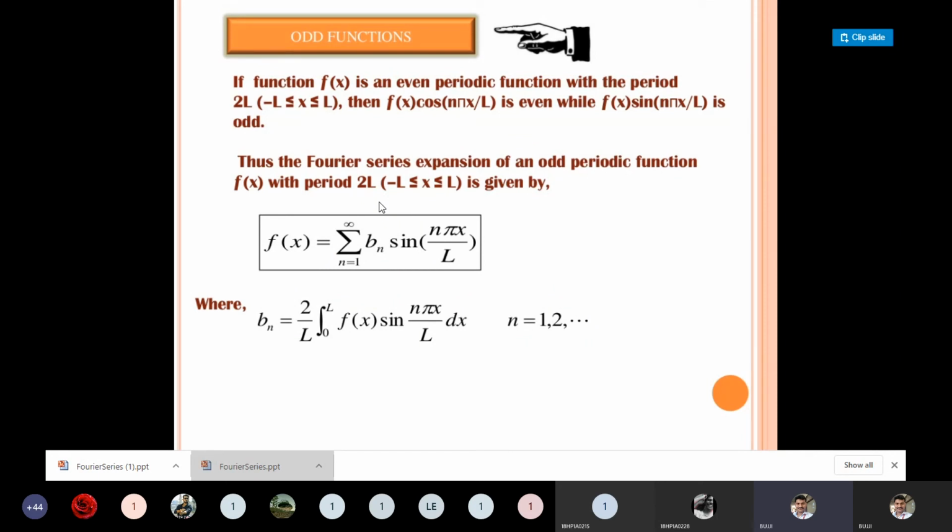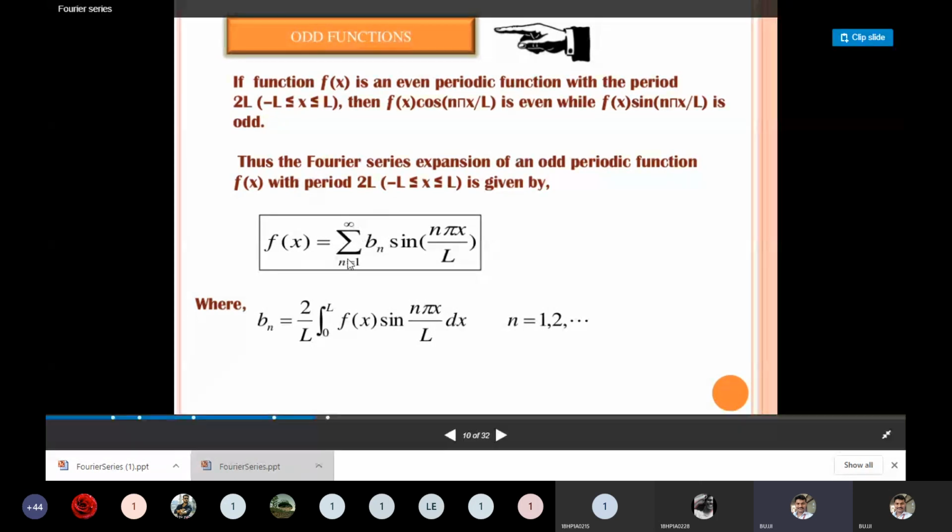Thus, the Fourier series expansion of an odd periodic function f of x with a period 2L, minus L to plus L, is given by f of x equal to sigma n equal to 1 to infinity bn sin of n pi x by L, where bn equal to 2 by L integral 0 to L f of x into sin n pi x by L into dx. Sir, won't there be a naught? There is no a naught. For an odd function there is no DC term.